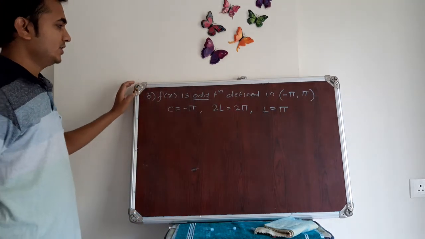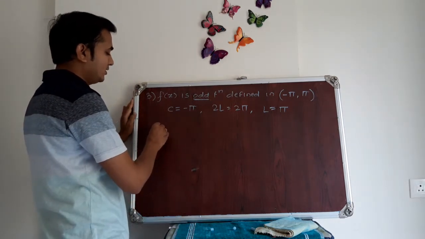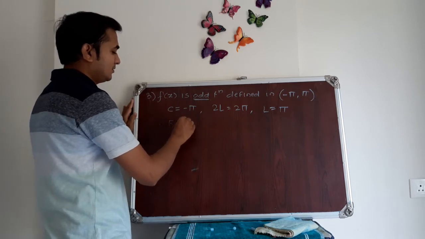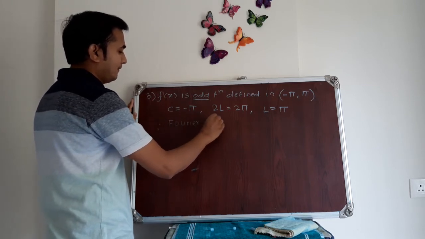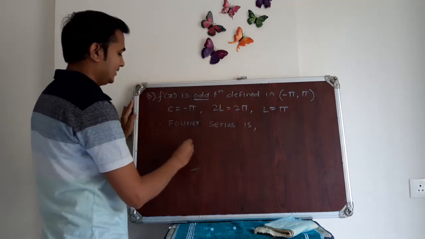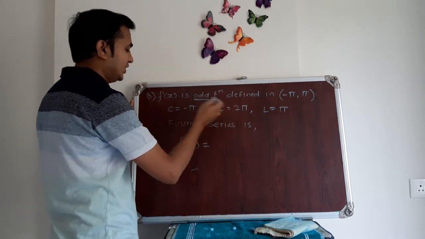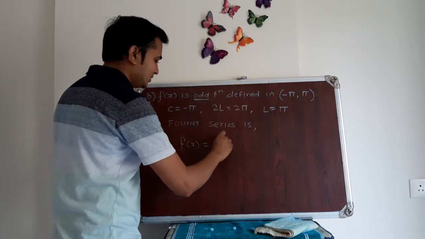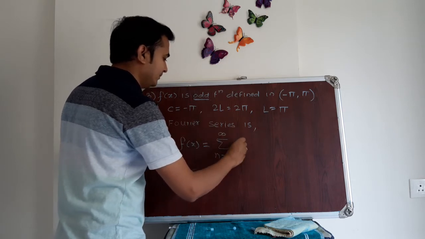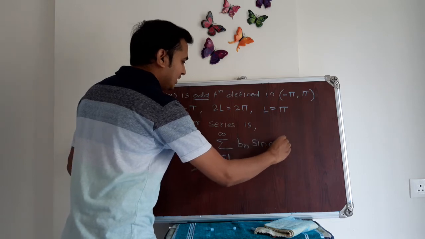Therefore the Fourier series is, as we wrote last time, a naught and an become 0, so f of x is equal to summation n running from 1 to infinity bn sin nx.